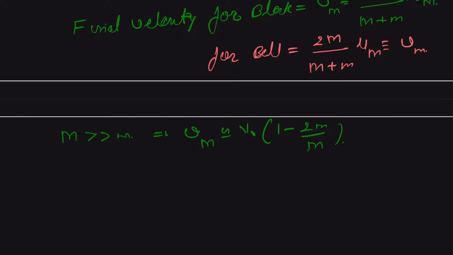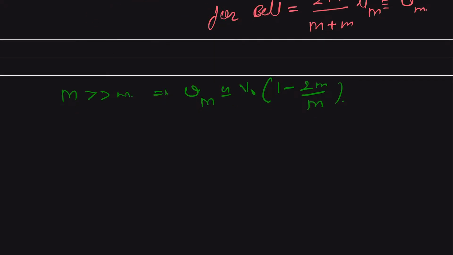And from here we can further approximate it, and we can write that our Vm is approximately equal to v0. Okay. So from here we can also say that the velocity of the block is going to slow slightly after each collision.